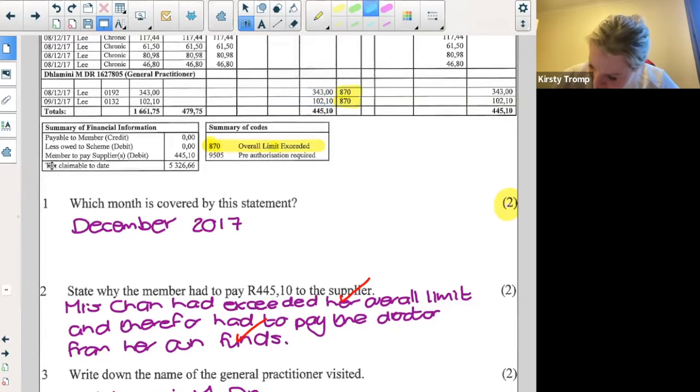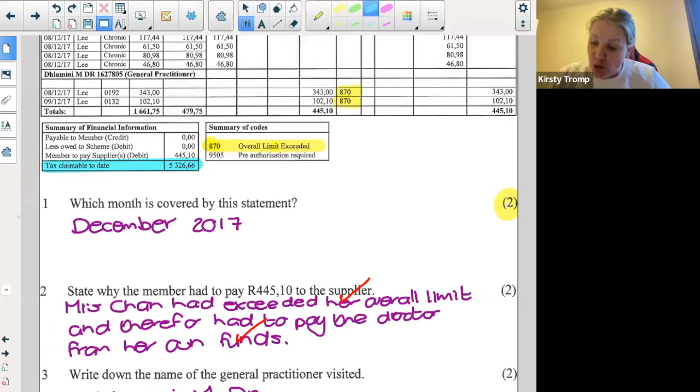This is the amount that they can claim to date. That amount is all the money from the whole year that the member has paid to the suppliers. So they want to know, in the previous statement, what was that figure before?